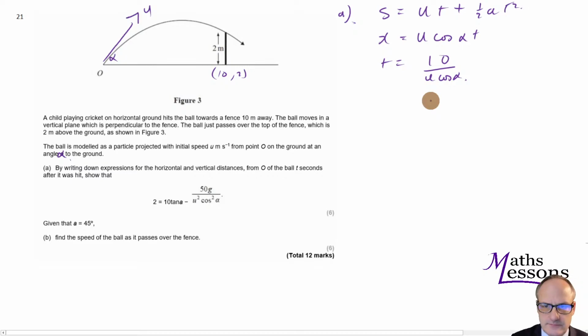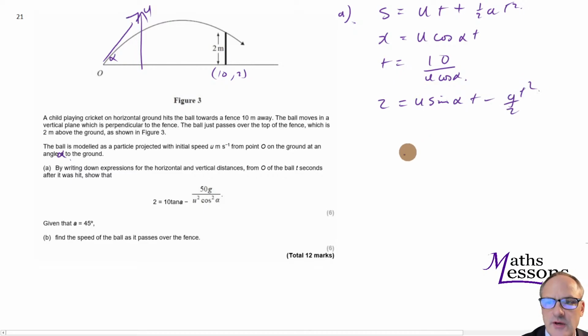Then for the y bit, the y component is equal to u sin alpha t minus g over 2 t squared. Now we know the y value is equal to 2, so rather than write out the equation again, I'm going to put the 2 straight into it. So we've got u sin alpha t minus g over 2 t squared.